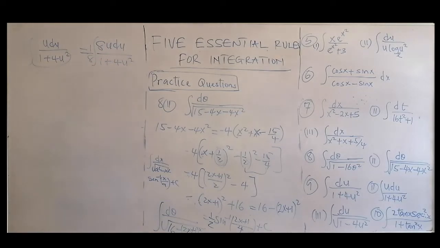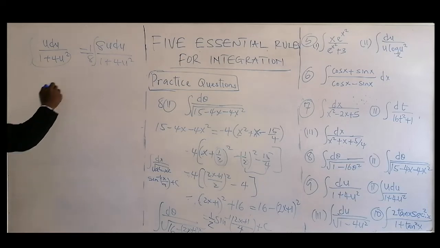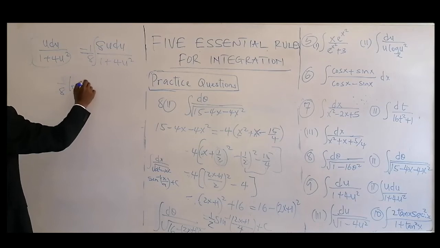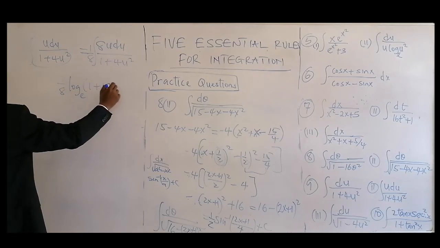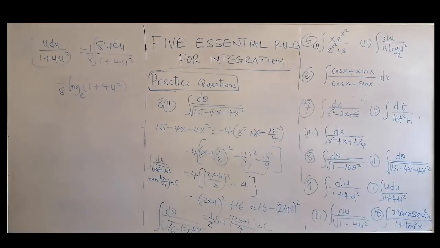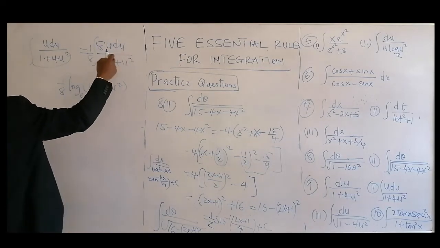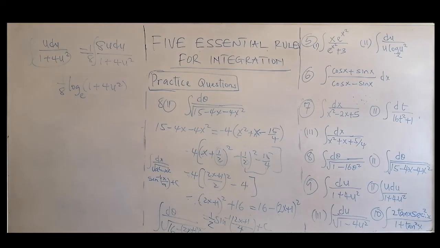This is rule number 5, and this will be equal to 1 over 8 log to base e of the denominator, because the numerator is equal to the derivative of the denominator.